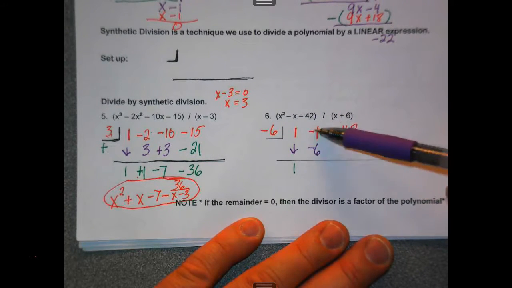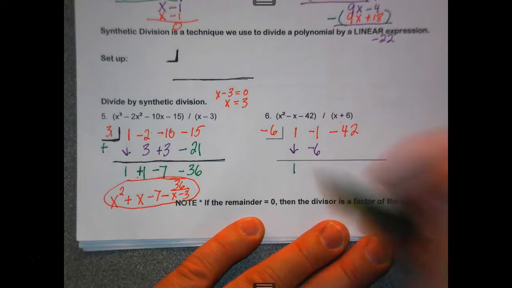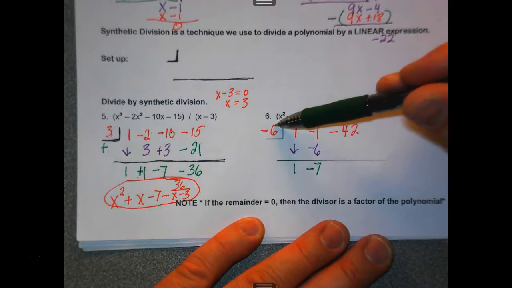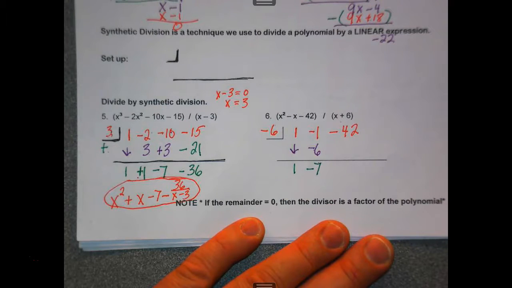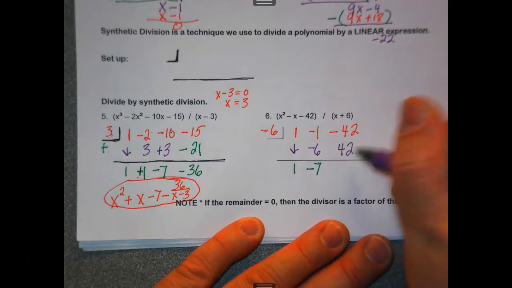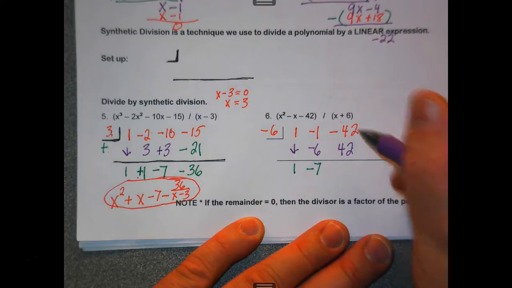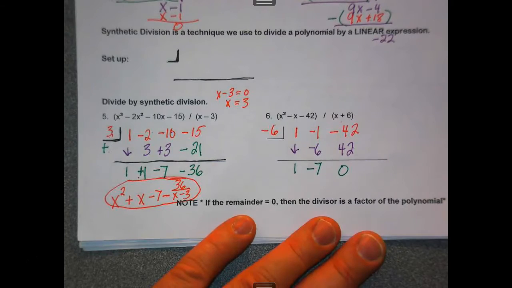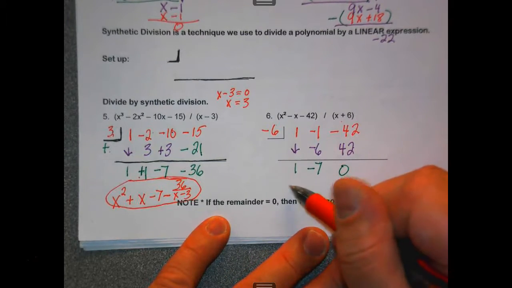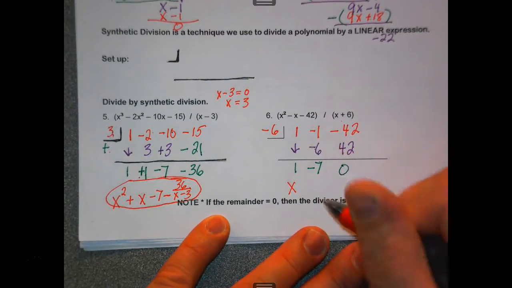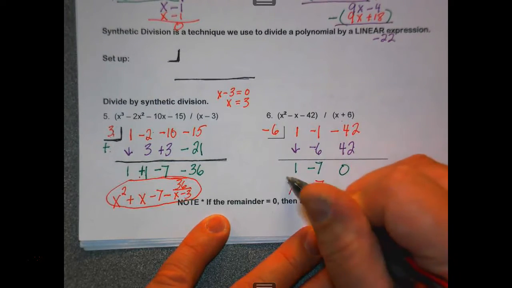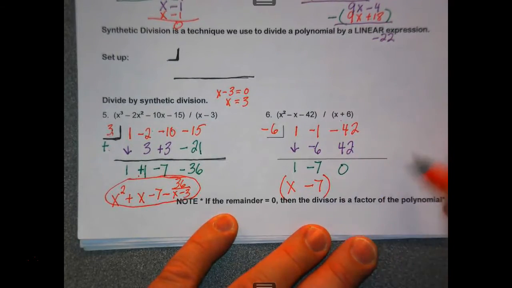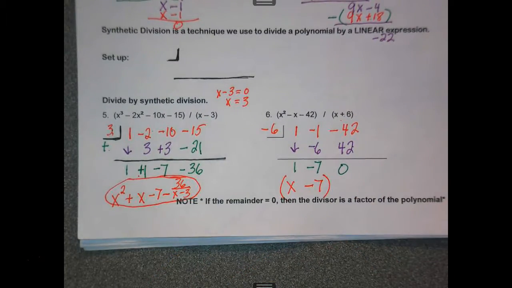Negative 6 plus negative 1 is negative 7. Negative 7 times negative 6 is positive 42. Positive 42 plus a negative 42 is 0. So my answer here is x minus 7, no remainder. So these two are factors, x plus 6 and x minus 7.